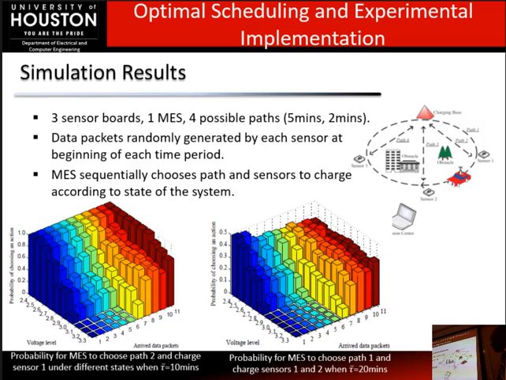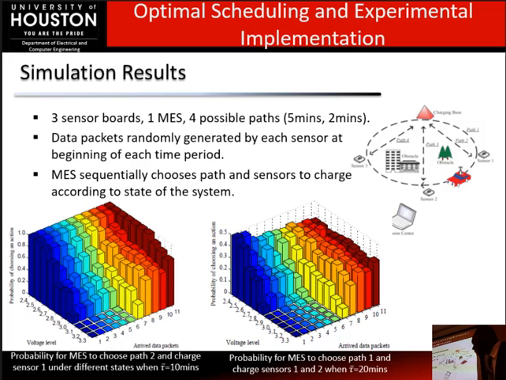I also ran another simulation case where the time duration is 20 minutes. As I said earlier, path 1 is 5 minutes in total. So by choosing this path, we are able to charge at least 2 sensor boards. So this is the probability of this MES choosing path 1 and charging sensor 1 and sensor 2.